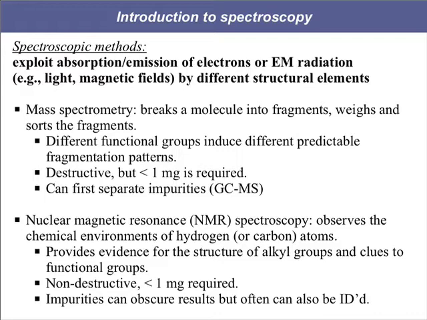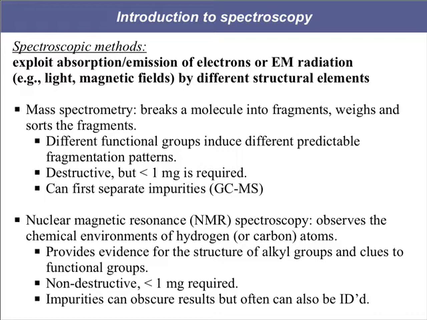Later on in lectures 5 and 6, the second part of our spectroscopy series, we're going to talk about nuclear magnetic resonance, or NMR, where we're going to look at how different chemical environments behave differently under different magnetic fields. This will give us evidence for the structures of alkyl groups and also evidence of functional groups.